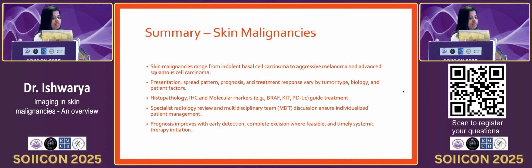To summarize, skin malignancies range from indolent basal cell carcinoma to aggressive melanoma or squamous cell carcinoma, and the presentation, spread, prognosis, and treatment response vary by tumor type, biology, and patient factors. Here pathology and immunohistochemistry are very vital in guiding the treatment.